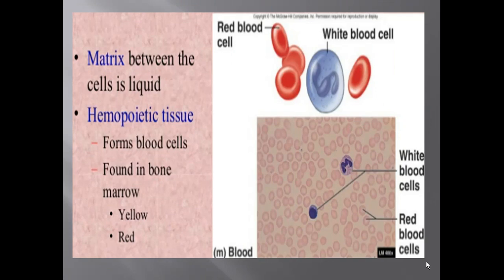Another type of connective tissue is a fluid, which is blood. Here the matrix between the cells is liquid, and the hematopoietic tissue forms the blood cells in bone. You will see here the cartoon diagram for red blood cells, which are biconcave cells, while the white blood cells have different shapes.